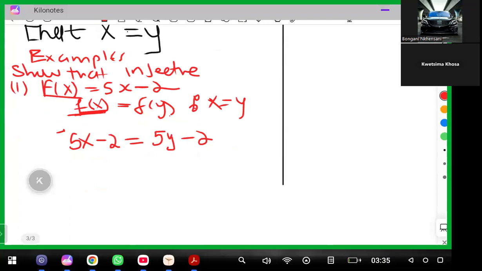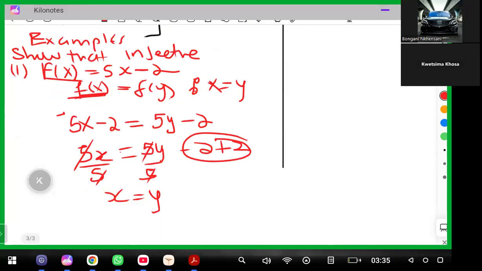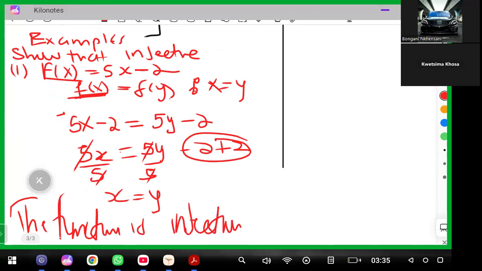If we check, we're going to have 5y minus 2 equal to 5x minus 2. Then we add 2 on both sides, which cancels, and we divide by 5 on both sides. Then x will be equal to y. So you can see that the function is injective, or it's a one-to-one function.